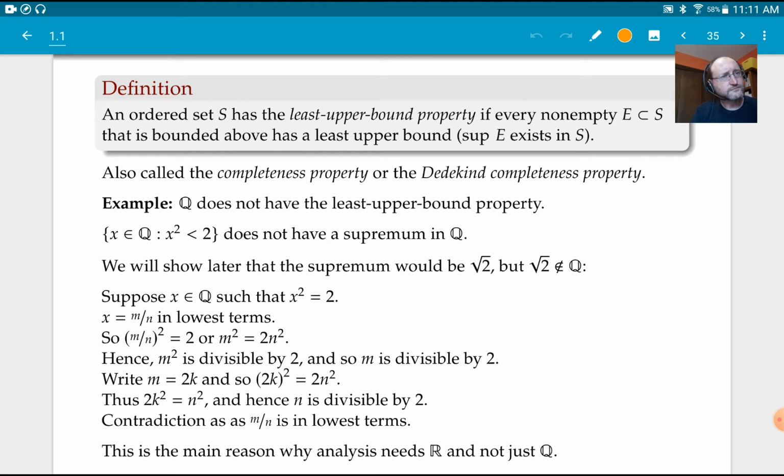So it's one of the main properties of the real numbers that we'll use, so that we can take limits, not completely willy-nilly, but if a limit looks like it's going to exist, then it will exist, and we don't have to worry about some weirdness like, does the square root of 2 exist?